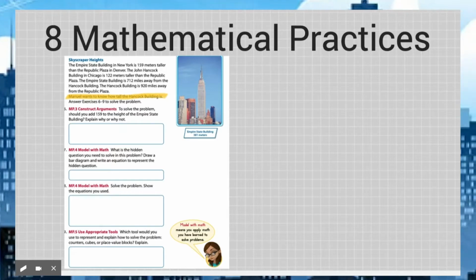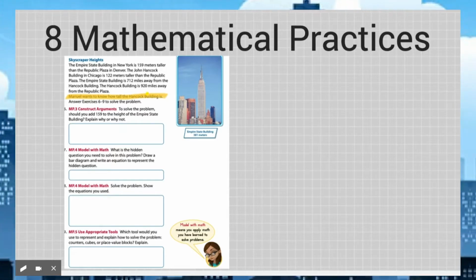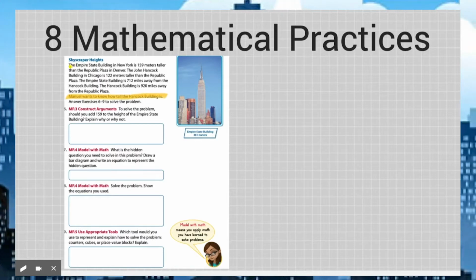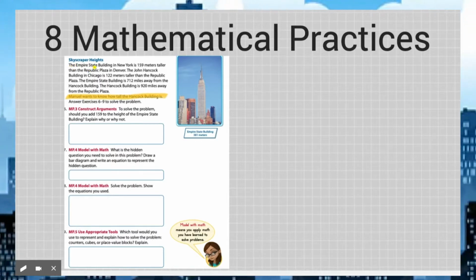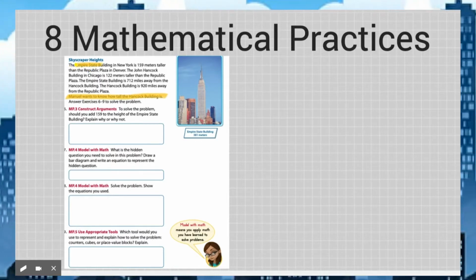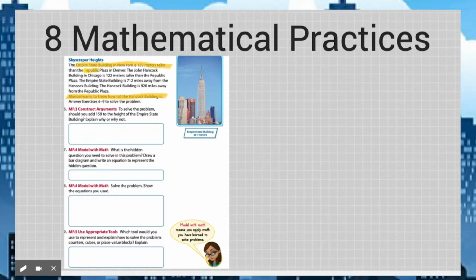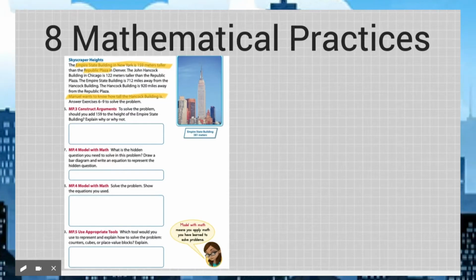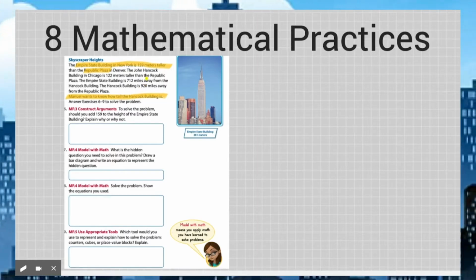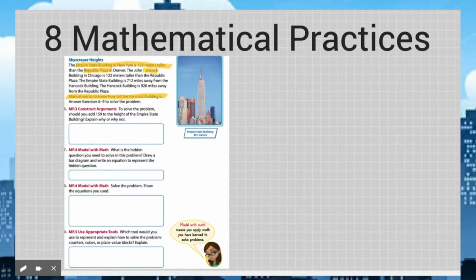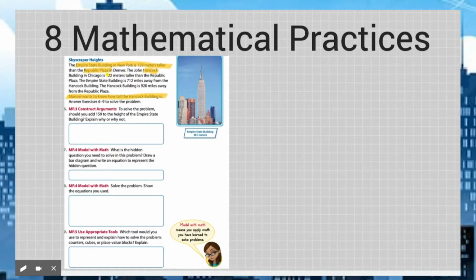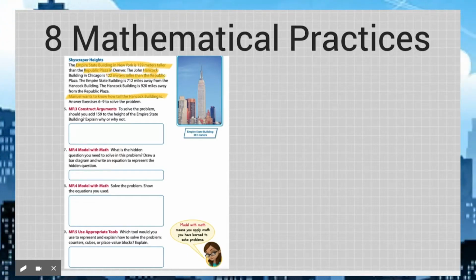So let's figure out, what do we know? Well, we know that the Empire State Building is 159 meters taller than the Republic Plaza. We also know that the Hancock is 122 meters taller than the Republic Building.